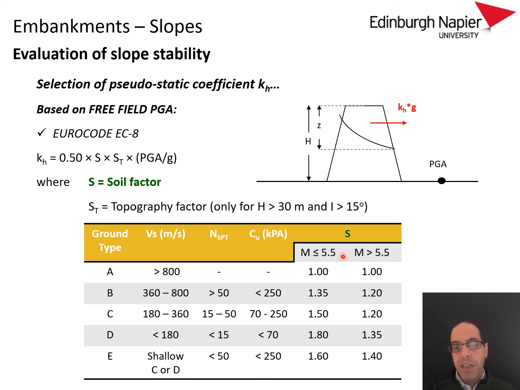And again, that's what gives you your soil factor. Remember, as I said before in the previous slide, that the soil topography factor applies only when your dam is high enough or your sloping ground is large enough.